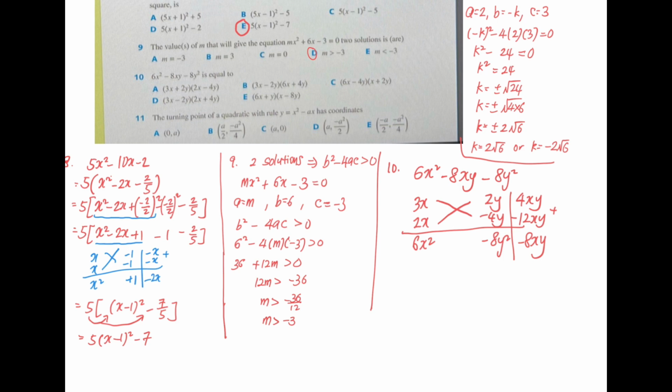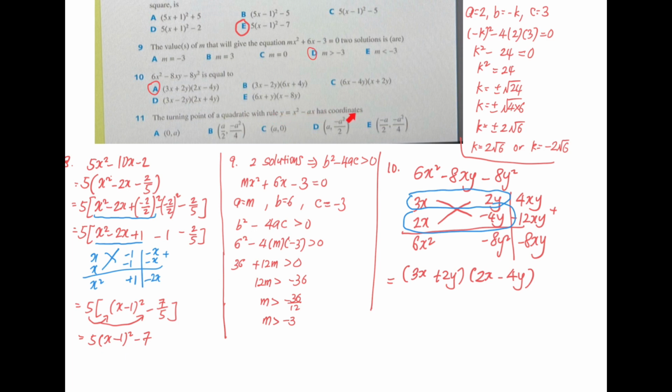So 4 minus 12, you get minus 8. So we get the term in the middle. After that, we take these as our factors. So we write it down in this way: 3x plus 2y, second row 2x minus 4y. So these are the two factors: 3x plus 2y and 2x minus 4y. So the answer is A.